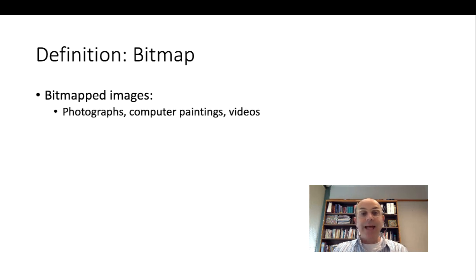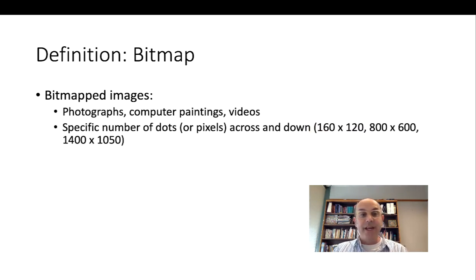Bitmap is the idea of photograph, computer painting, and video. It is the idea of dots, the idea of you can see it across or down from 160 pixels to 180, 800 to 600, and 14,000 to 10,050.